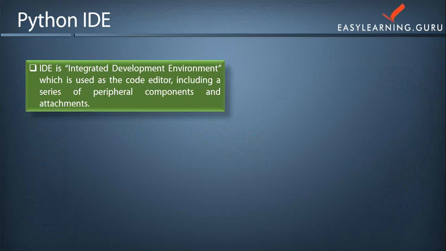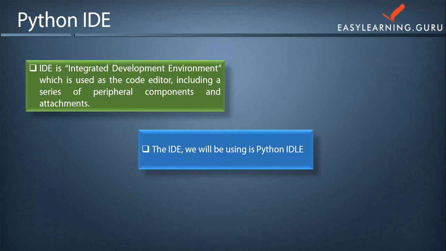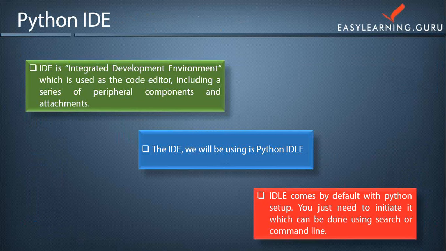The IDE that we will be using is Python IDLE, and IDLE actually comes by default with the Python setup. You just need to initiate it, which can be done using search or the command line. It gets initiated on the very first go when you search for it or run it on the command line.